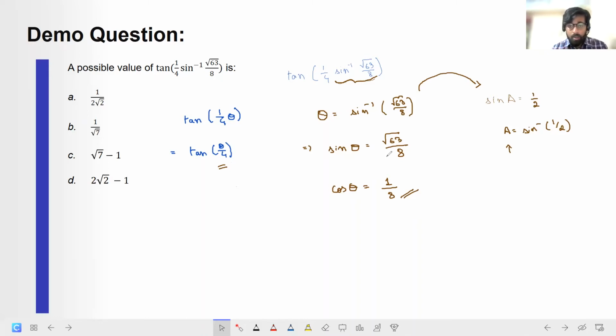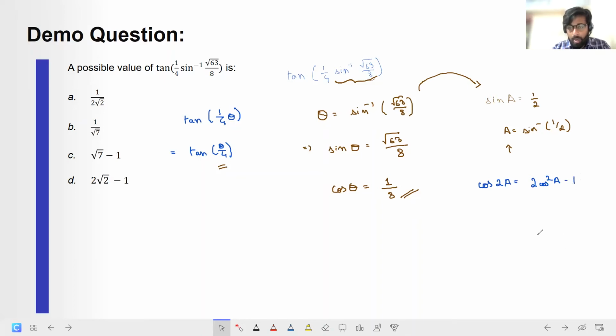For example, I can relate cos theta and cos twice theta. So the formula is cos of twice A. You remember this? Cos of twice A can be written in 3 different ways, and you need to know what those 3 different ways are. This is one of them: cos twice theta is equal to twice cos square A minus 1.